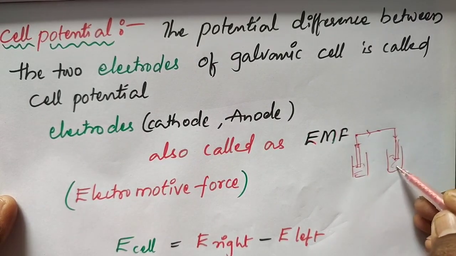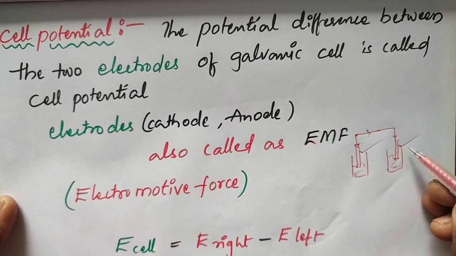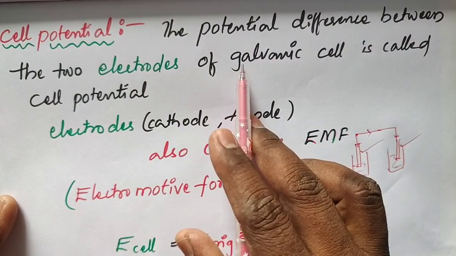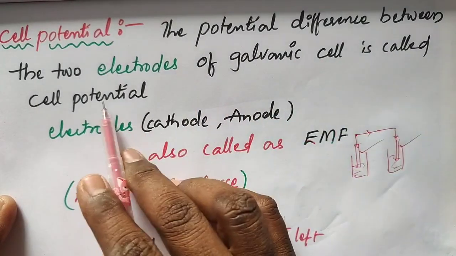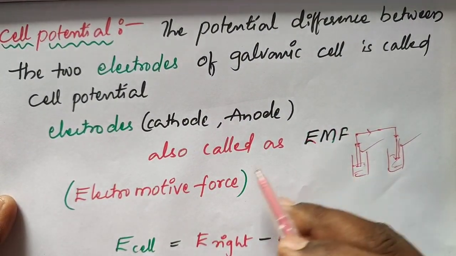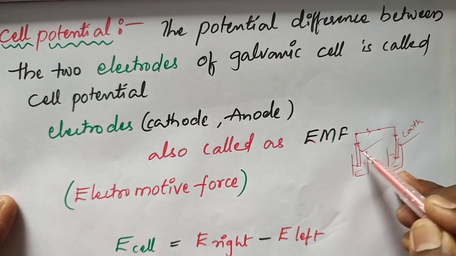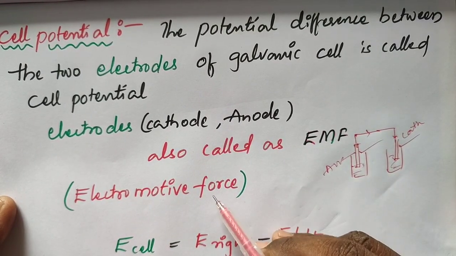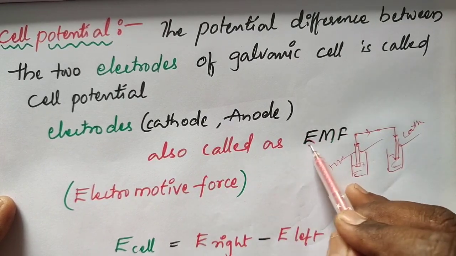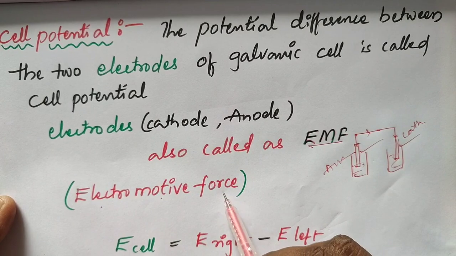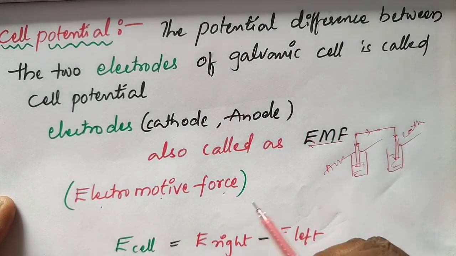In this, the potential difference between this electrode and this electrode is called the cell potential. What are the electrodes? One is a cathode, another one is an anode. So this is also called EMF, that is electromotive force. Okay, electromotive force.